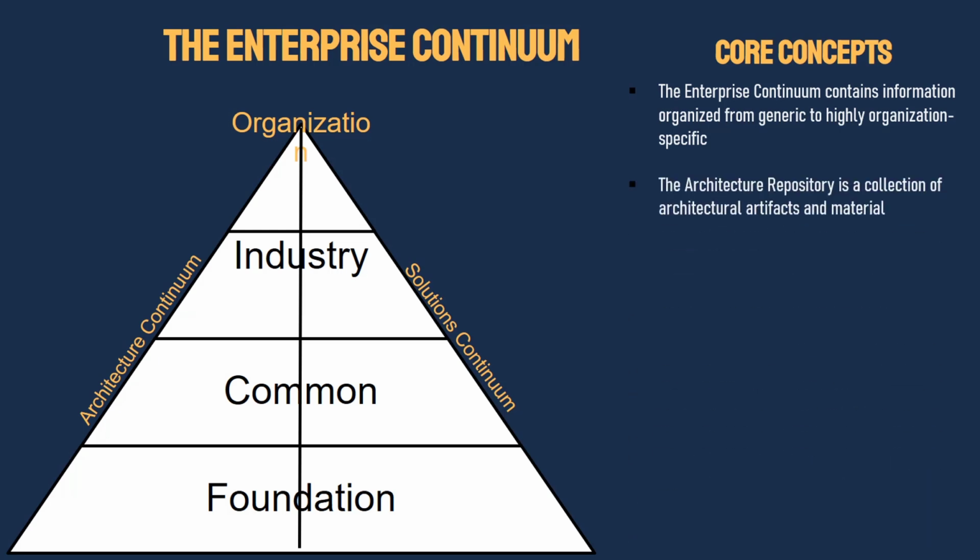The enterprise continuum typically lives in a library called the architecture repository. It is a collection of architecture artifacts and material. The enterprise continuum is typically split between what we call the architecture continuum and the solution continuum, and both of these two areas have generic and highly specific artifacts.